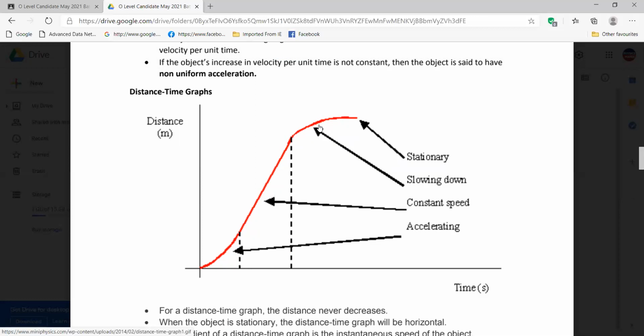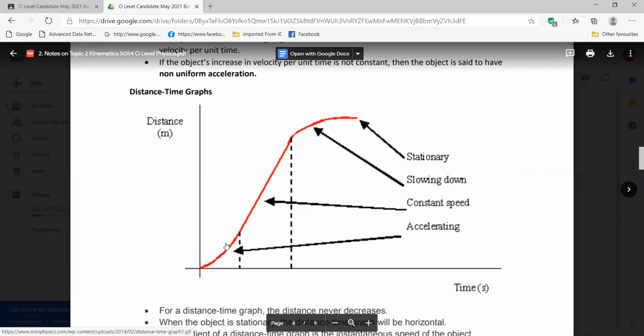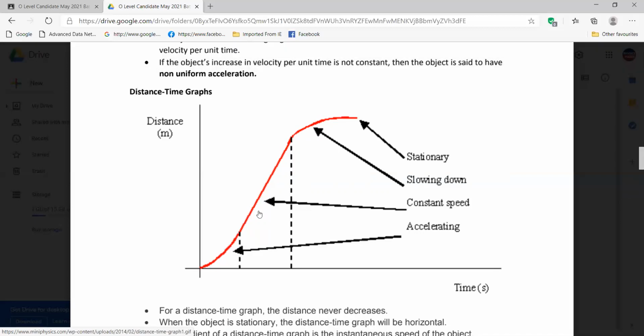Curve is going this way. Its gradient is decreasing the rate, right? Yes, sir. That one is slowing down. And then here we got acceleration in the distance time graph. If there is a curve line, there is acceleration. But if it is a steeper straight line, then it is constant speed.